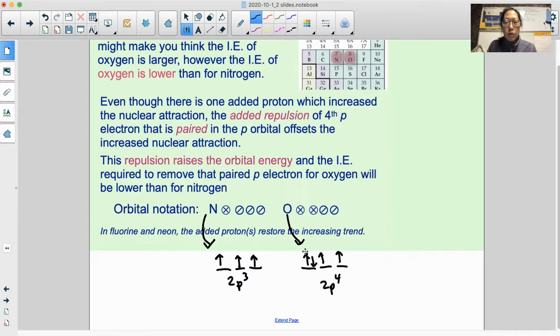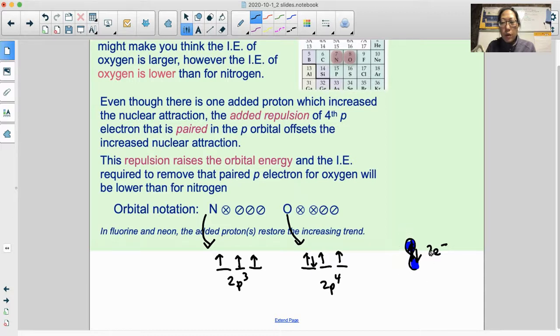remember the 2p orbitals look kind of like this. Maybe we'll make them blue. Normally, we can imagine there are 2 electrons in that one orbital. 2 electrons in the same orbital are going to repel each other.